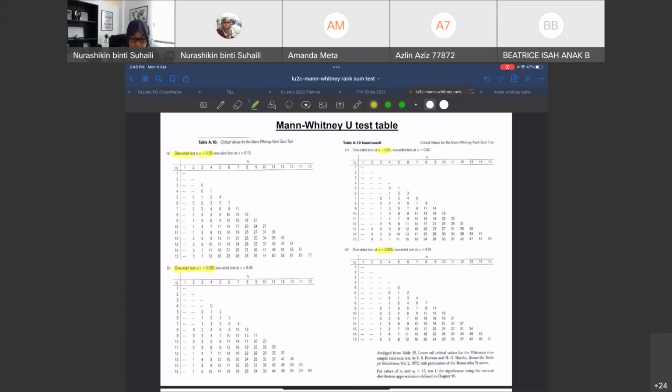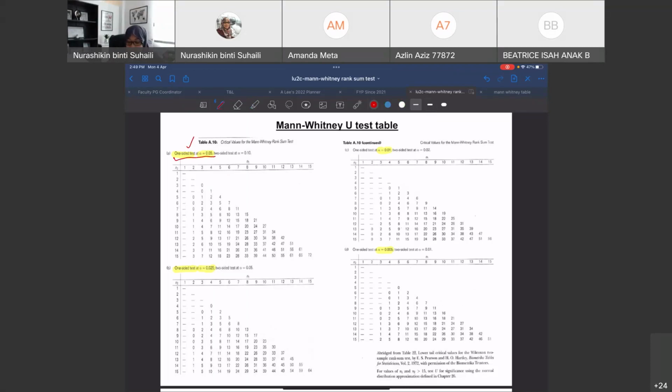So if your test is one-sided, and it is indicated in the problem that the alpha you have to refer to is 0.05, you have to find that condition in this table. For example, one-sided, alpha 0.05 falls under this condition, so you have to use this table.